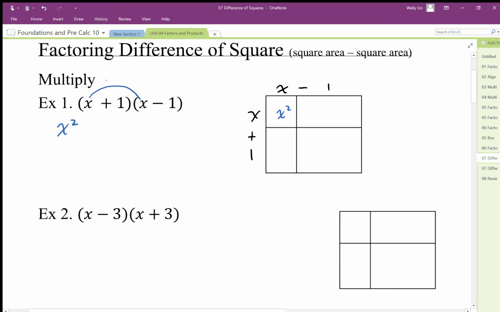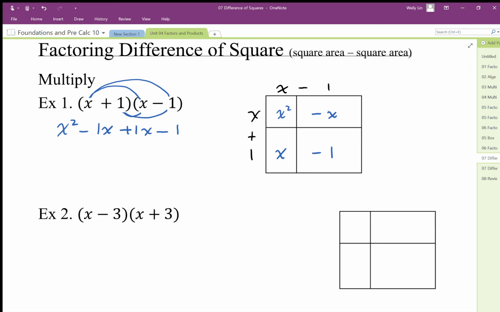When I multiply first outside, I get negative 1x. Inside, positive 1x. And last, I get negative times positive, so I get negative 1. So this becomes negative x. This is positive x. Negative 1 times positive 1 gives me the minus 1.